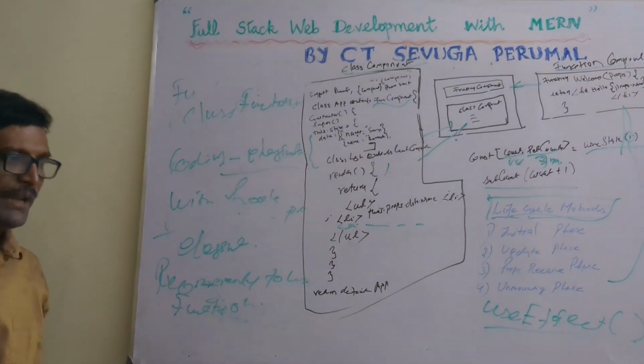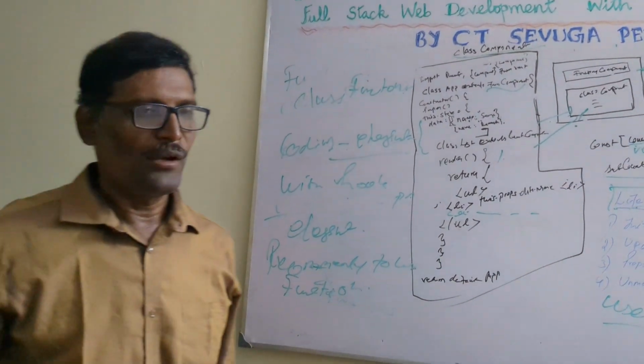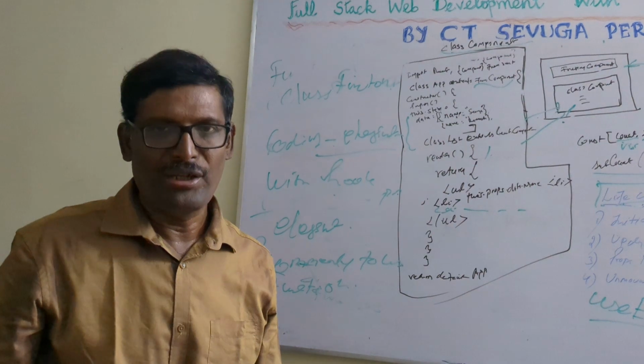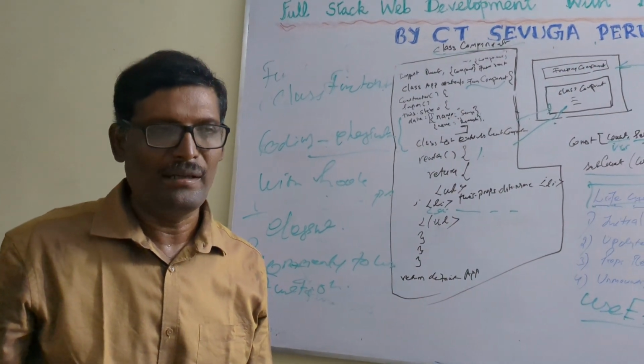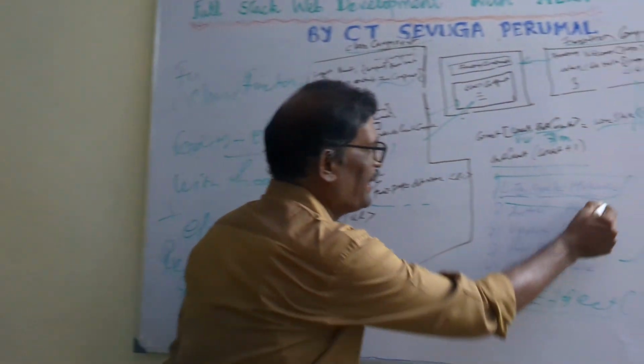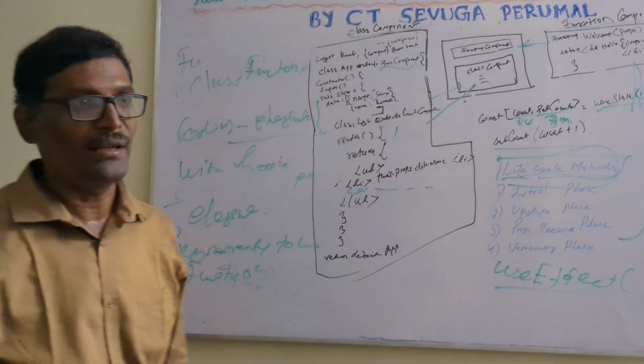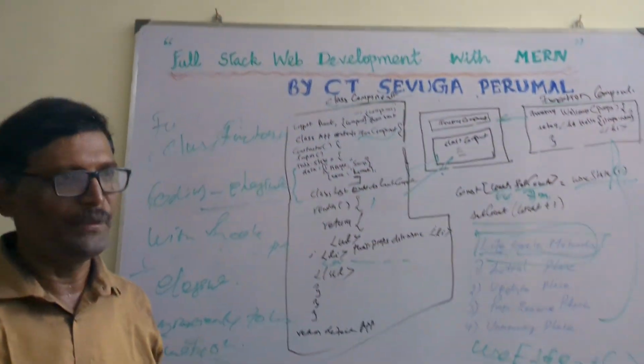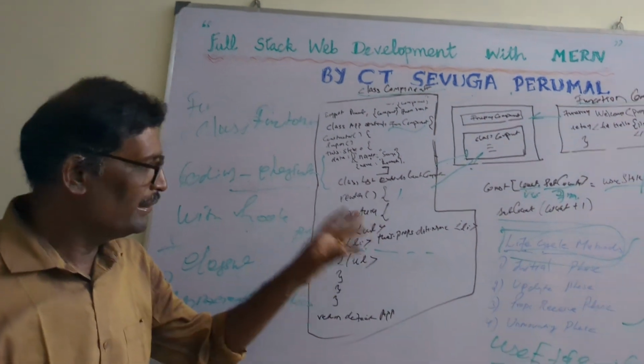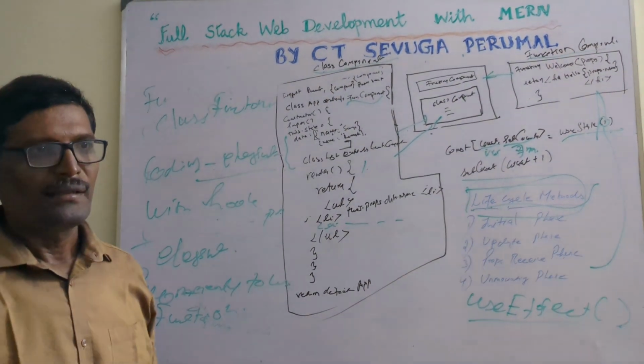The class component may be required if we are working on a legacy application where class components are implemented, or if we need to implement some of the lifecycle methods. That is a very rare situation. In that case, we can use the class component.